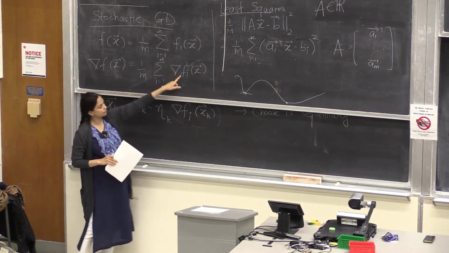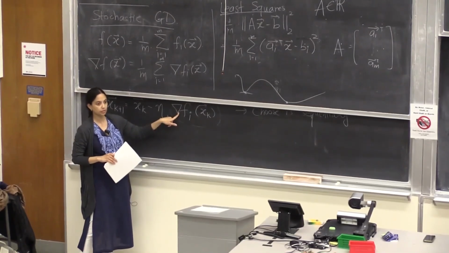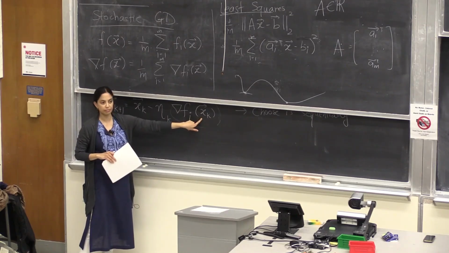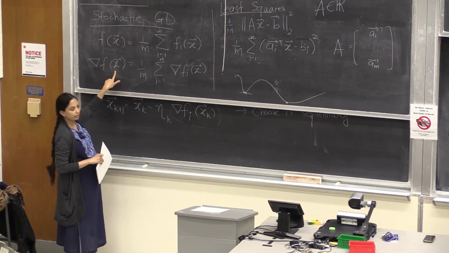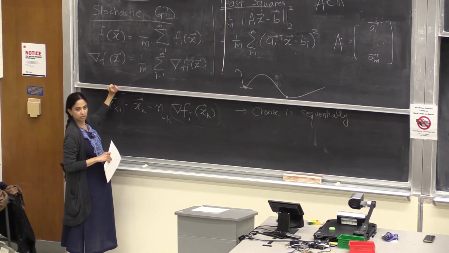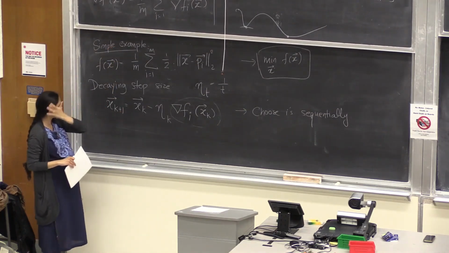So when I write this gradient of fi, I just mean take the gradient of the function fi and evaluate it at the point xk. No different from take the gradient of f and evaluate it at the point x. Does that make sense? Okay, so we got this.